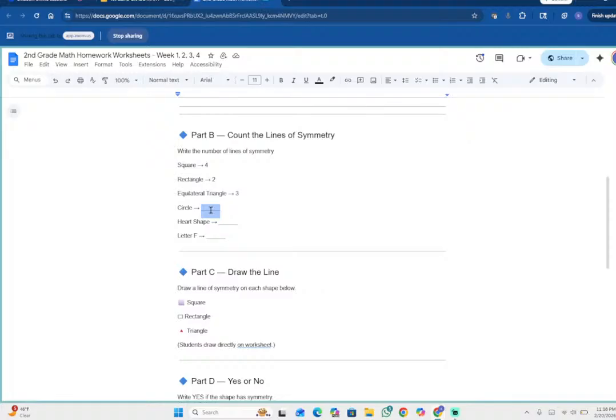It's symmetrical everywhere, so any line passing through the center will always be symmetrical. So infinite.